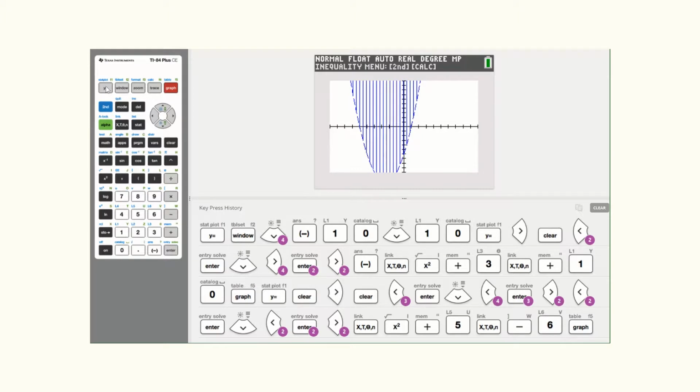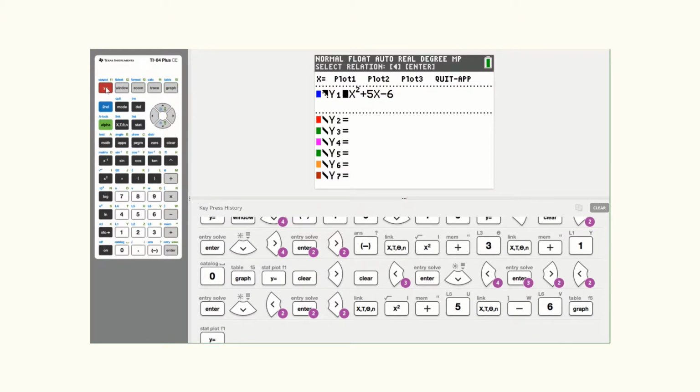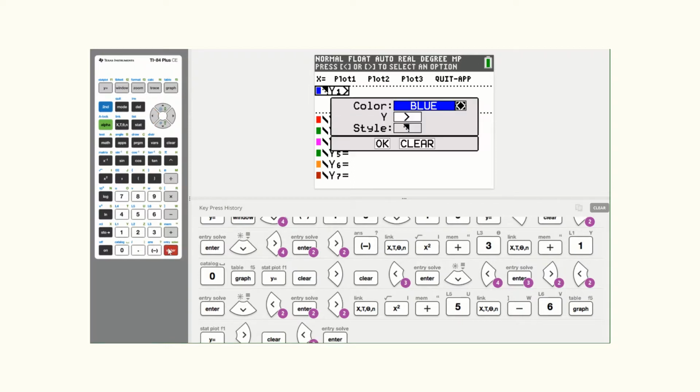All right, well, here we are. Let's go in here to y equals. And I need to get my inequality. Well, first I need to clear out what I got. I hit clear. And I want y is less than. Right now it's at a greater than.